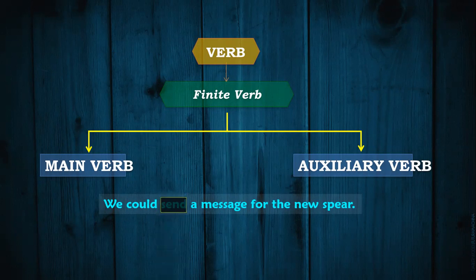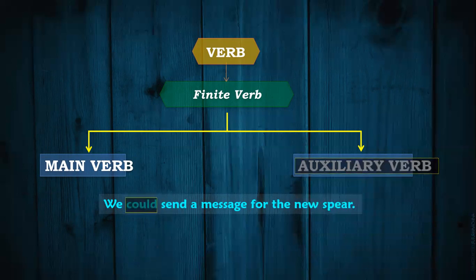Whenever we have two verbs, the second verb is considered as the main verb. While the first verb is always considered as the auxiliary verb or helping verb. So now the concept is clear that which is the main verb and which is the auxiliary verb.